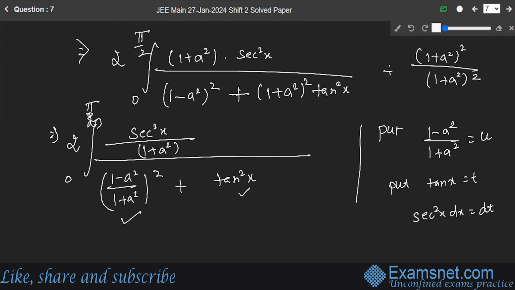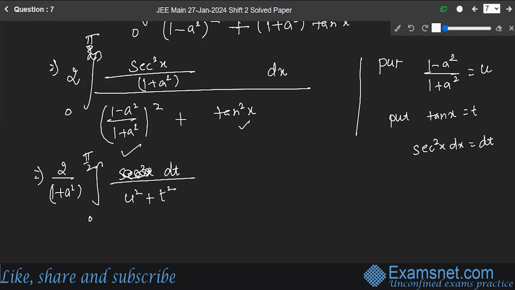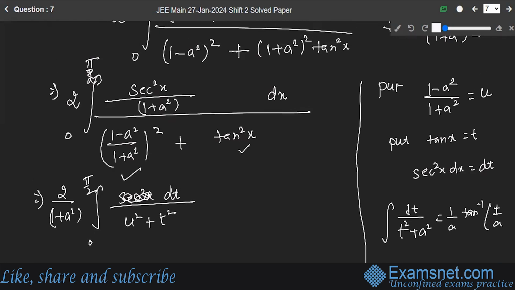Now, further, this will be equal to, I'm taking 1 plus a square outside, integral limits 0 to pi by 2 secant square x upon u square plus t square. Sorry, secant square x dx, I'll write it as dt only. Hope you're clear till here. So now you know one more formula, that is integral of 1 upon t square plus a square dt is equal to 1 upon a tangent inverse t upon a.